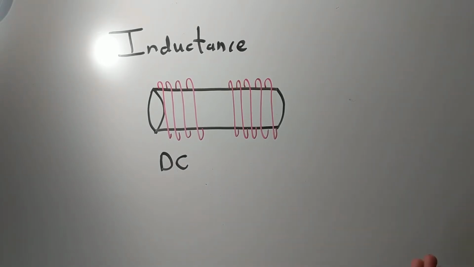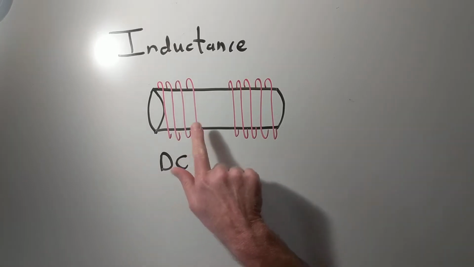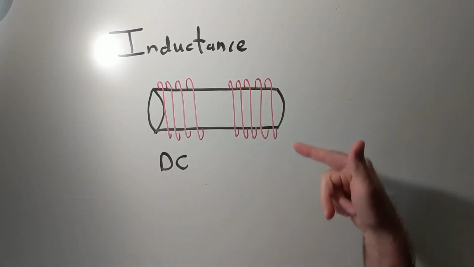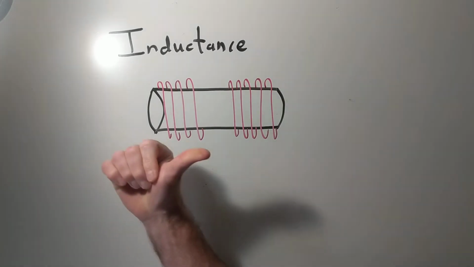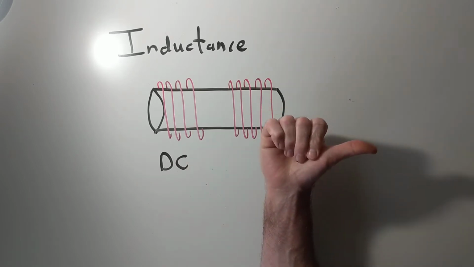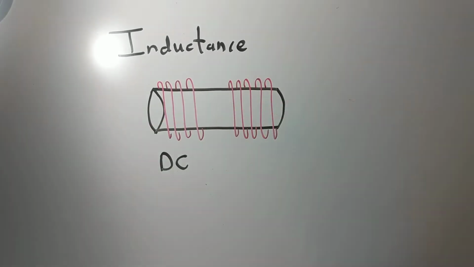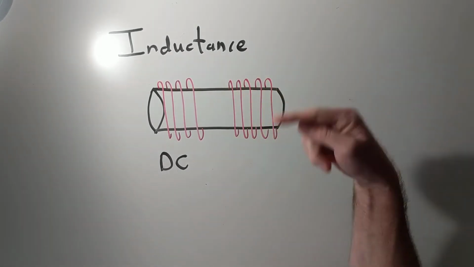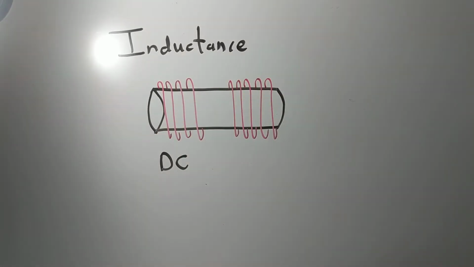Well, now if you think about it for a minute, there was no magnetic field going through these loops, and then there was some magnetic field going through these loops. So there was a change of flux going through this loop going this way. We started with no flux, and then we started flux going this way. But because of that, current will be induced inside of these coils backwards, producing a backwards voltage and a backwards current to oppose the change that created it.